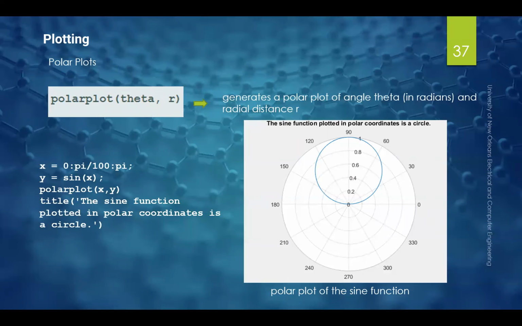All right, the next thing I want to show you is the use of polar plots. We can generate polar plots by using this command, polar plot. And we enclose as arguments the angle in radians and the radial distance of the value here.